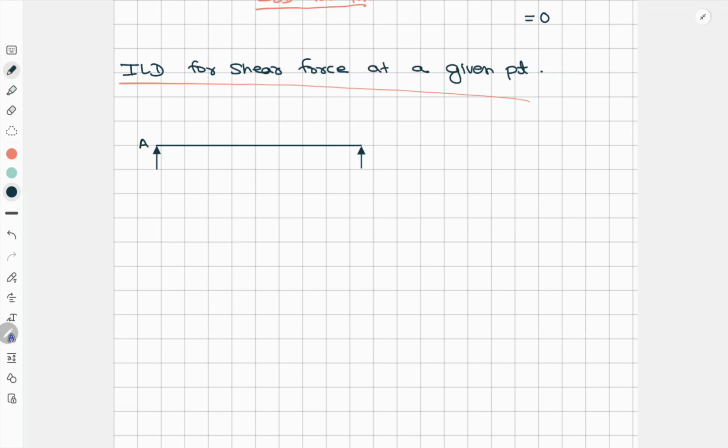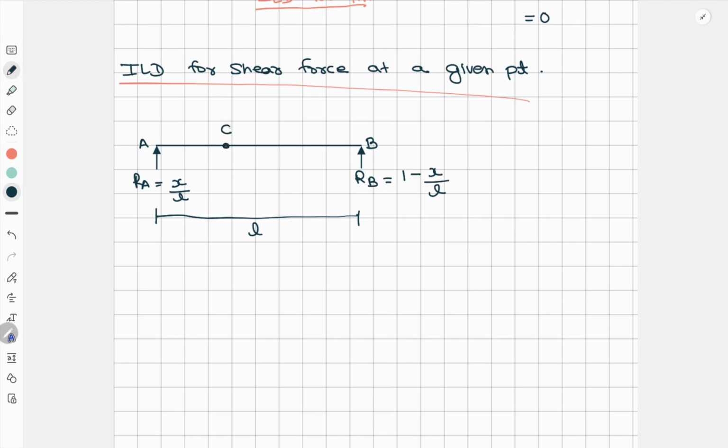Now this point is A and this point is B. So we have a value for RA and RB. RA was X by L and RB is 1 minus X by L. Okay, so here, and the whole length, this length is L.